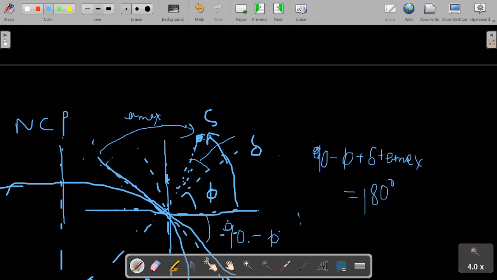So you can write A max as 90 plus phi minus delta.